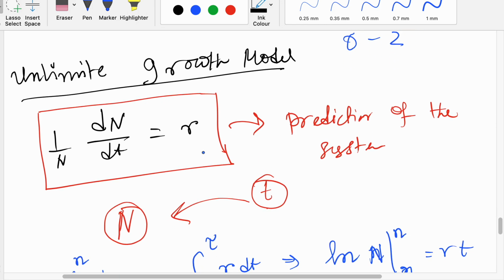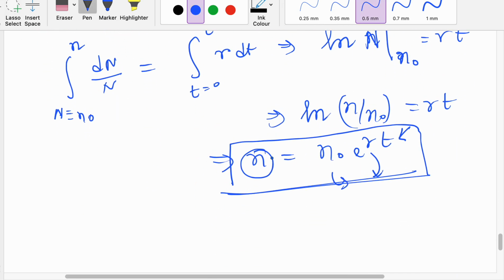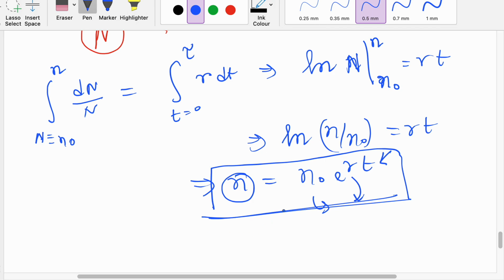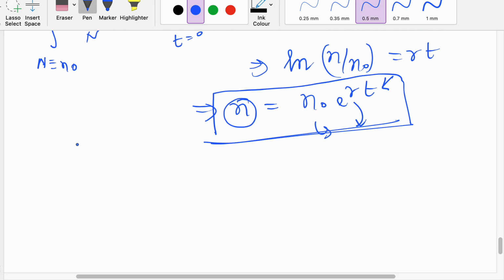So if that is the case, then we have seen that the population size at time t can be expressed in terms of the population size at time t equal to 0 in this fashion.